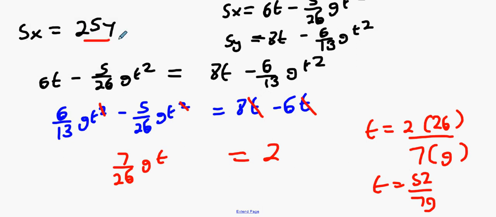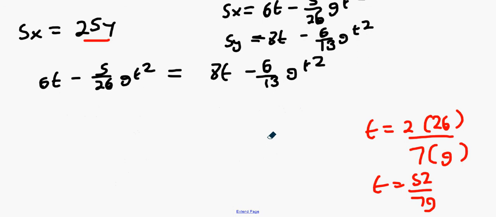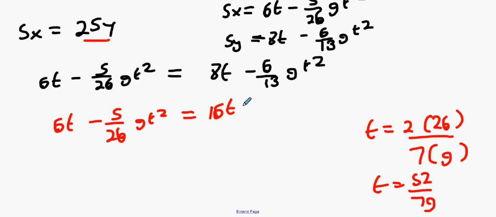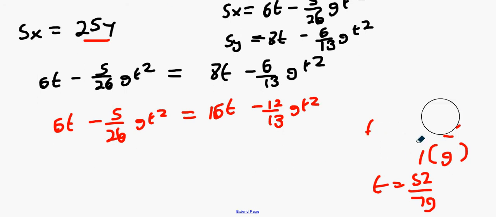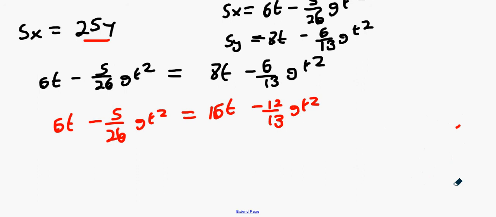Sx equals 2Sy. The worst thing is I have it written down as well: 6t minus 5 over 26 gt squared equals 2Sy, so it's 16t minus 12 over 13 gt squared. Imagine having all that written down and just leaving that out in an exam. You just decide to drop the 2 for no reason. Happens to everybody.